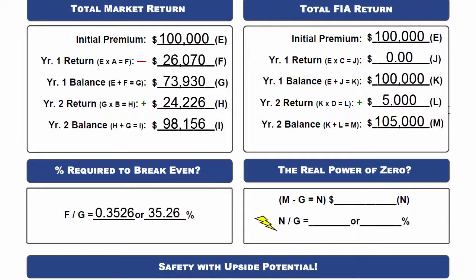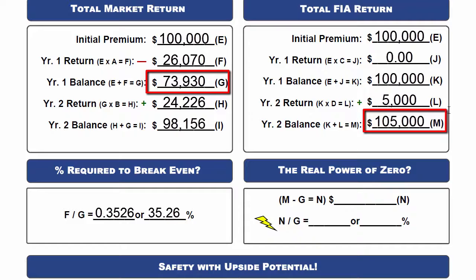So in order to determine what the market would have needed to return in order to match the same account balance at the end of 2 years of $105,000, we use this formula that's showing down here. We take the value at the end of the second year, so $105,000, and we subtract from it the value on line G, which was the end of year one in our market-based account.